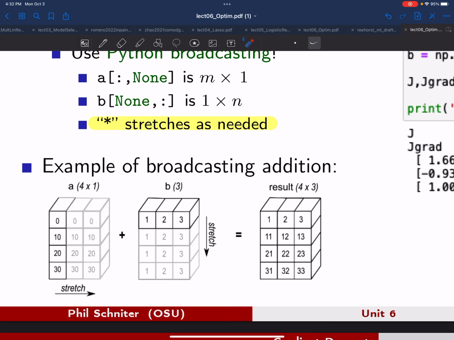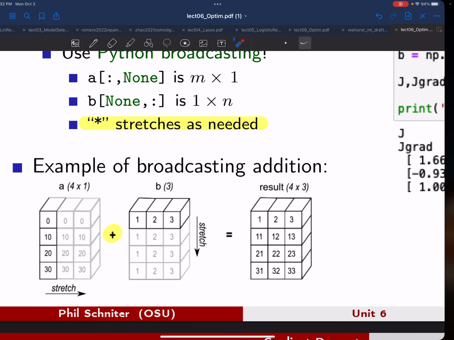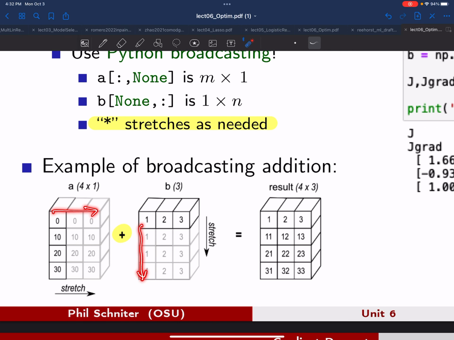And when you use the plus, so this is a plus operation here, essentially what is happening under the hood is you're expanding both this and this so that they have the same dimensions. And then you're doing the plus. That expansion, or they call it stretching, is basically like adding those extra columns here.